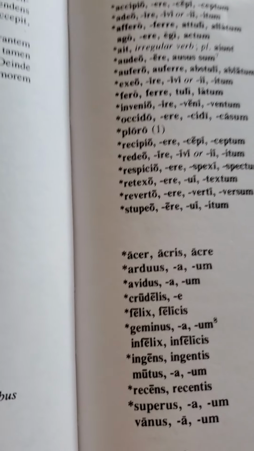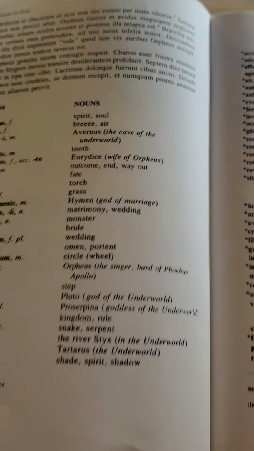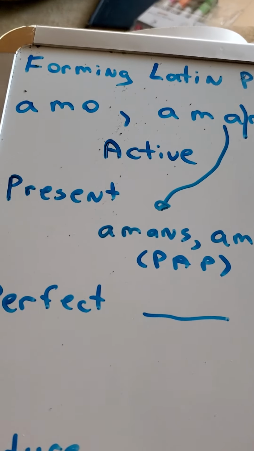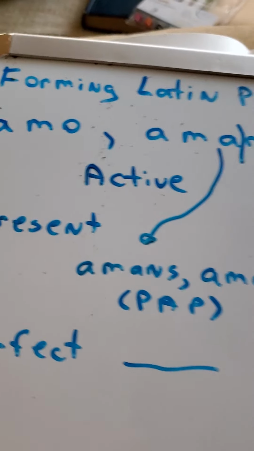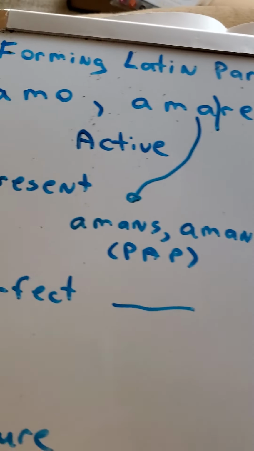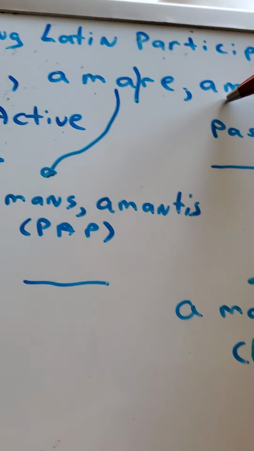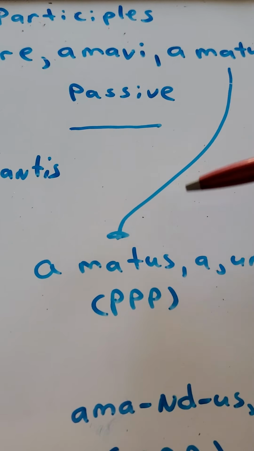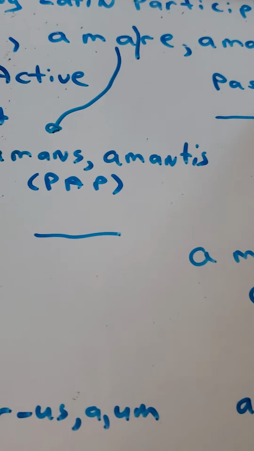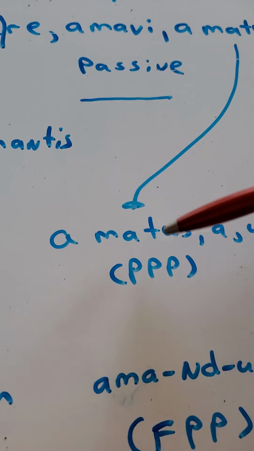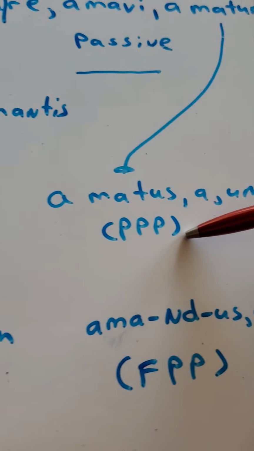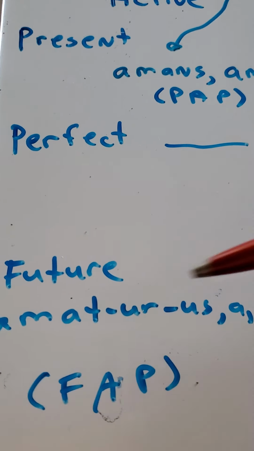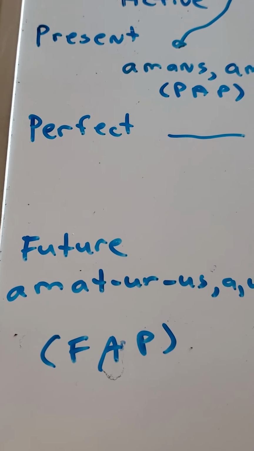And now I want to look at our board. I showed you how to do these, and then we'll look back at the book again. So forming Latin participles, of course, we have our 4 principal parts, and we're used to the 4th principal part, which is the perfect passive participle, amatus, a, um, call it the PPP. But now we're going to find out that we have also present and future participles.